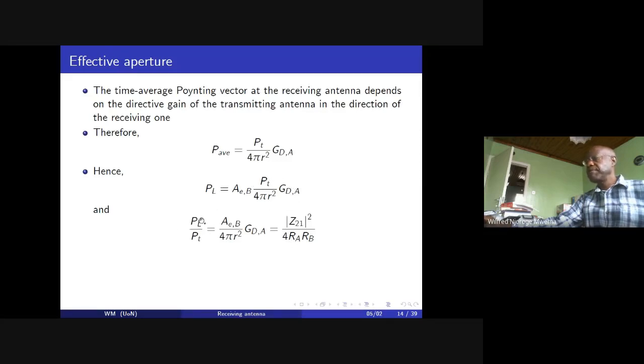And therefore, we can see that P_L by P_T is going to be given by the effective aperture of antenna B multiplied by the directive gain of antenna A, and divided by the surface area, 4 pi R squared, and this equals the magnitude squared of Z_21 divided by 4 R_A R_B. We therefore note that the magnitude squared of the forward transfer impedance is simply the real parts of the impedances of the antennas, R_A R_B, multiplied by the effective aperture of antenna B and the directive gain of antenna A, divided by pi R squared.